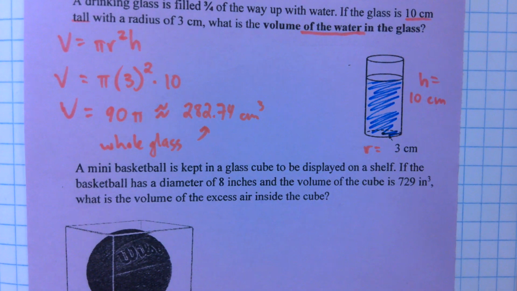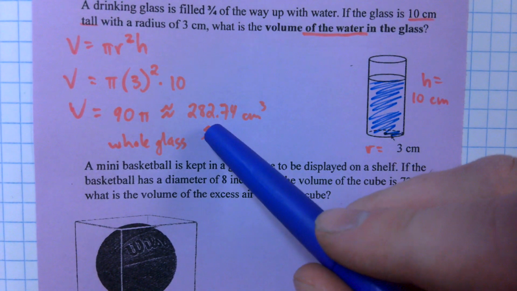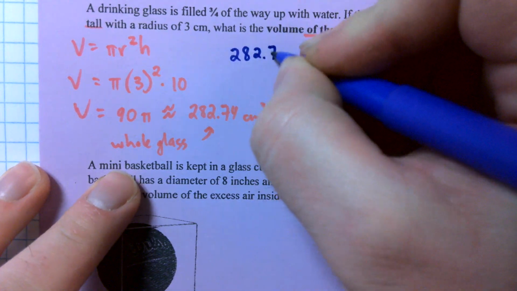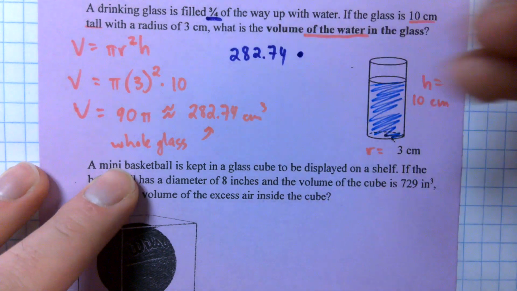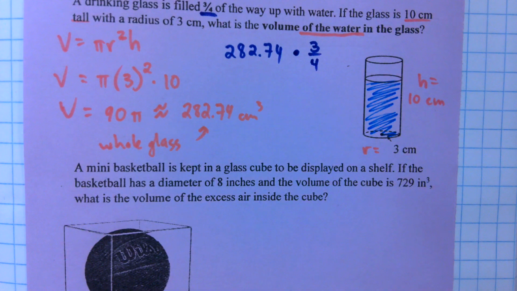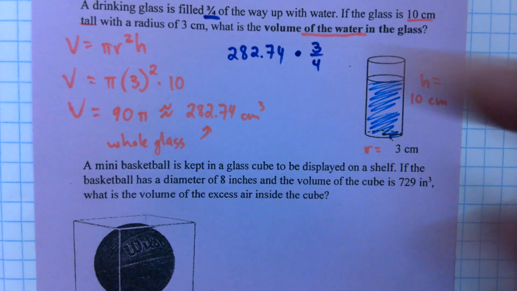We can divide it, or we just multiply it by 3/4. Right? This is the whole glass. If I take the whole glass, 282.74, and I multiply it by 3/4, that's going to give me the volume of the water. The water is 3/4 of this whole glass.